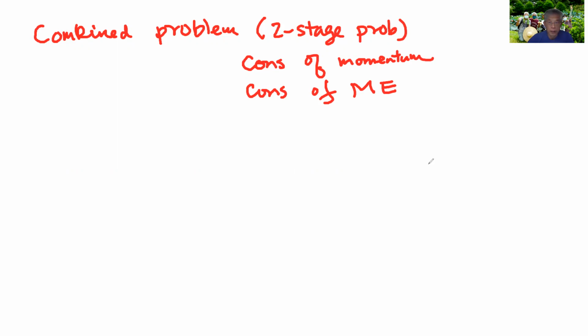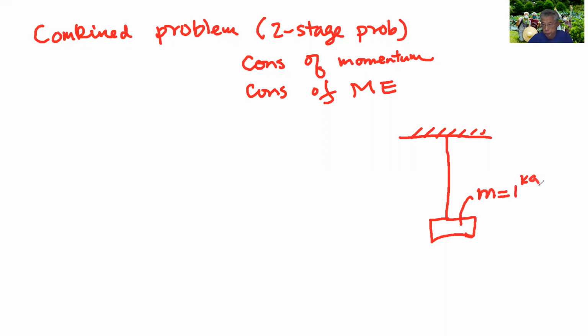So let's say I have kind of like a pendulum and has a little mass, or a block. So that's the block, and the block is equal to, say, 1 kilogram. And then you have a bullet. So this bullet, let's say it's 10 to the negative 3 kilogram, which is equal to 1 gram.